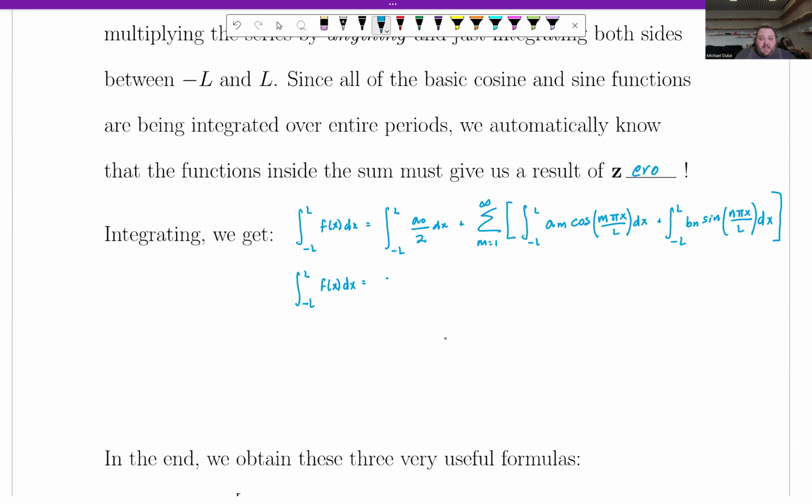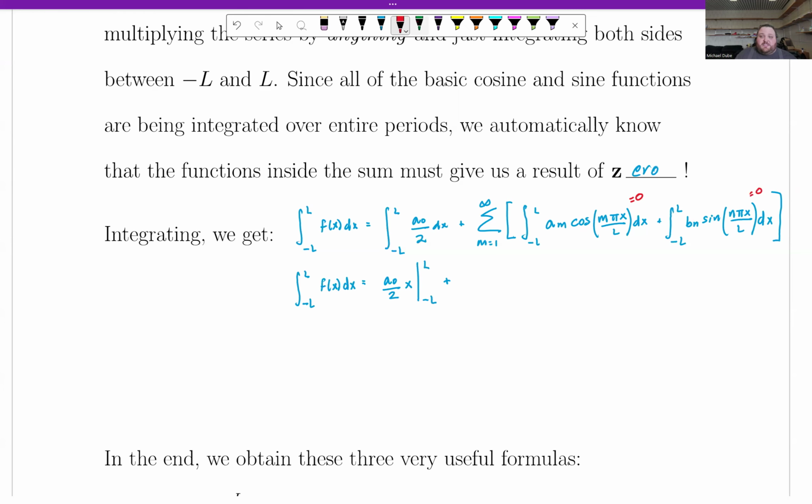So we're going to get a naught by 2 x evaluated from negative L to L plus, okay, well, here we have some constant times cos, but we're going over its entire period. So this will be equal to 0. And once again for sine, we're integrating over its entire period.